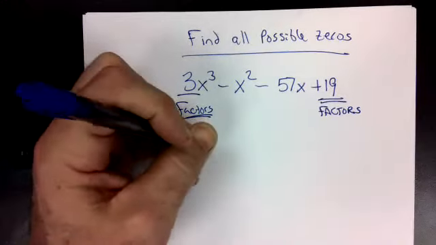Or 19 divided by 3, negative 19 divided by 3, or 1 divided by 3. So these are all of my possible rational answers. So 19, negative 19, 1, negative 1, negative 1/3, 1/3, negative 19 thirds, 19 thirds. These are all of my possible rational zeros.